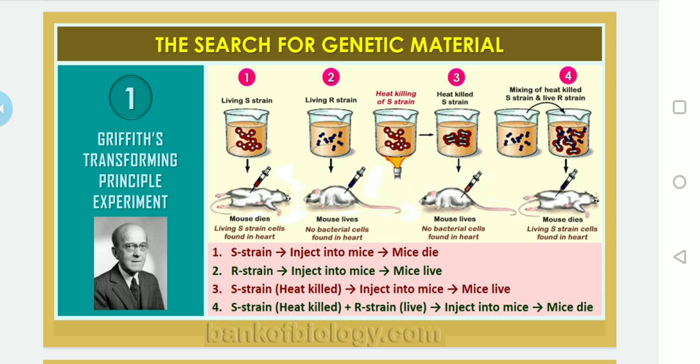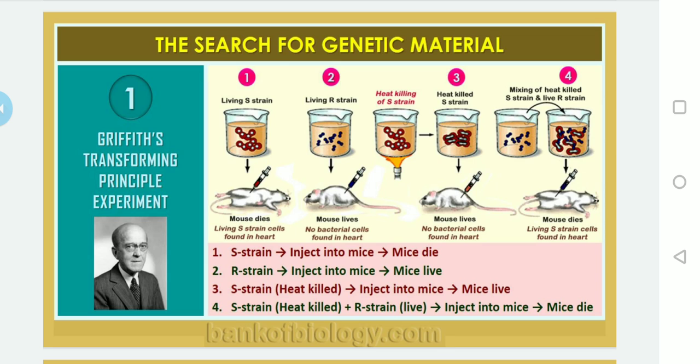And in the fourth case, the heat-killed S strains, that is smooth strains, he mixed with the live R strains and injected into the mice.